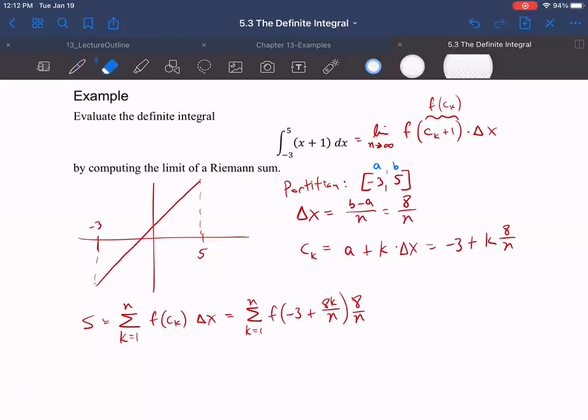No, I shouldn't have written that f right there. Sorry, I'll see where I erased that.